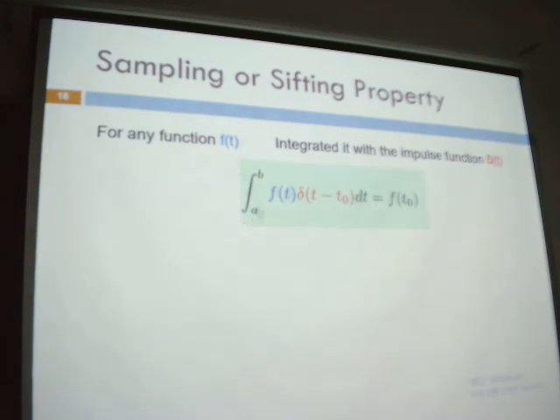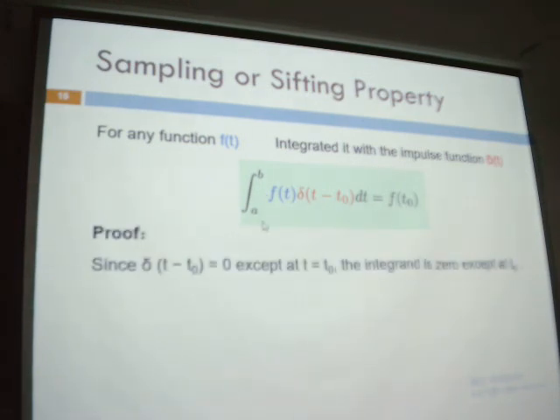But here the thing we should notice is the limit of the integration. The limits are from a to b, but actually a and b can be any value. We don't have any limit on the integration limit. And here is the derivation: because this one times this one, only f(t0) has value. For others, we don't have value.